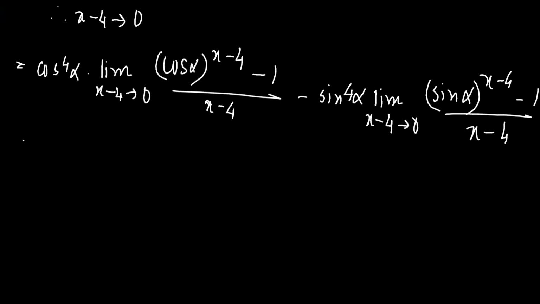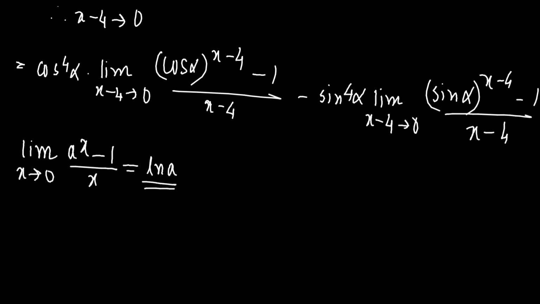Now in limits we have read a formula: limit x tends to 0, (a to the power x minus 1) by x, is ln a, provided a is greater than 0, obviously.